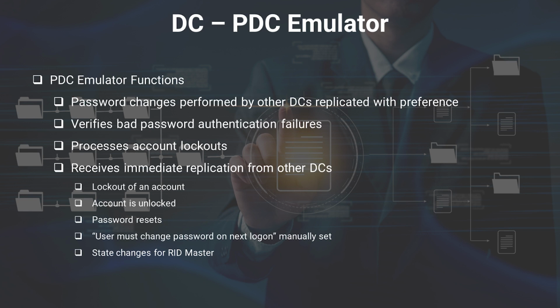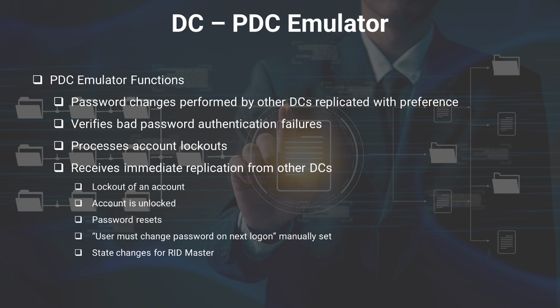It processes account lockouts. So when a user makes too many attempts, the account can be locked out. The PDC emulator, because it is verifying bad passwords, will also lock out the account. The PDC emulator also receives immediate replication from other DCs for changes such as an account lockout, unlock, and password resets.